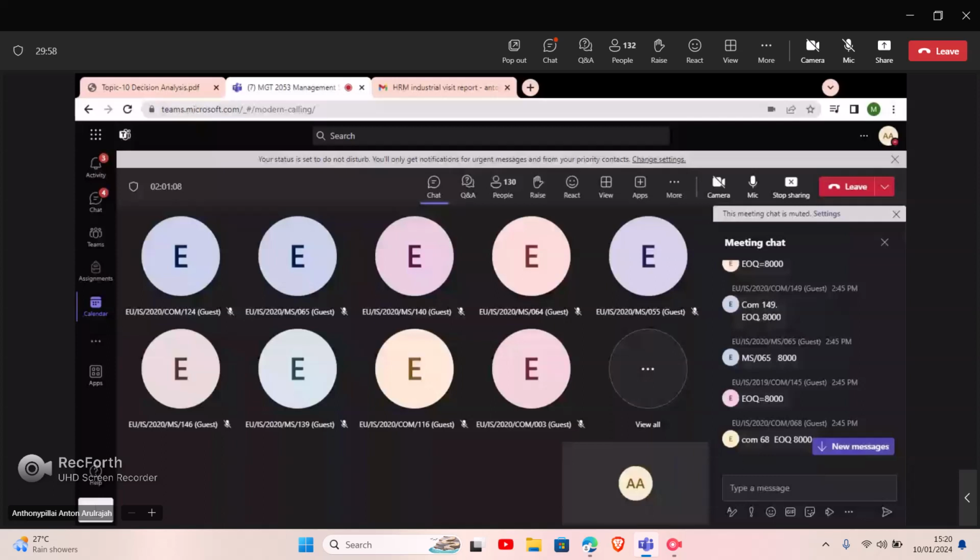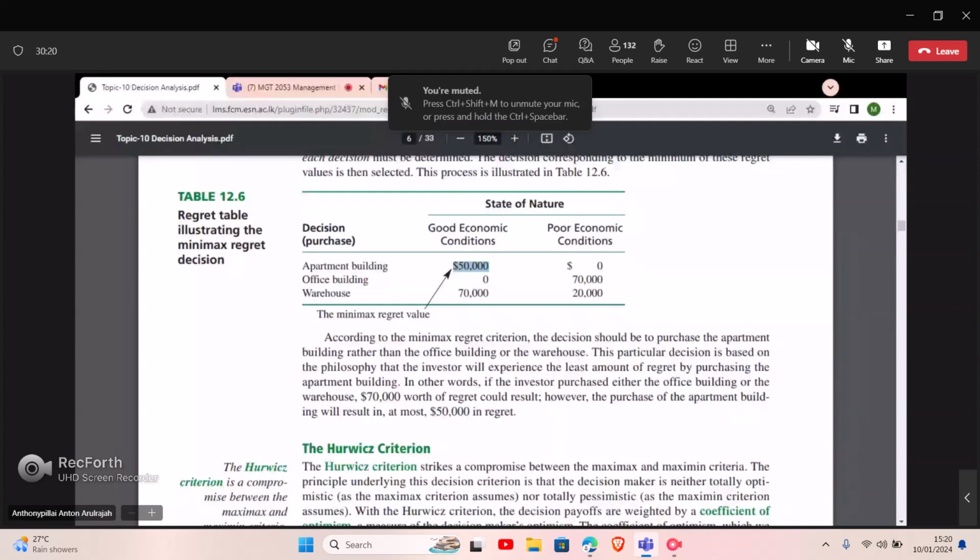So therefore minimax regret means selecting 50,000. So you have to understand. According to the minimax regret criterion, the decision should be to purchase the apartment building rather than the office building.